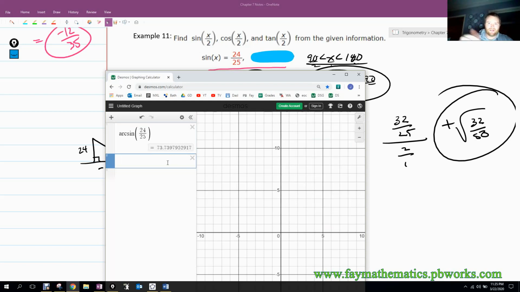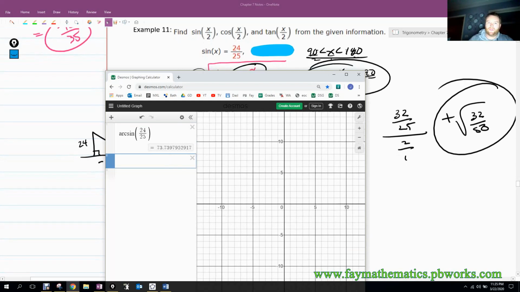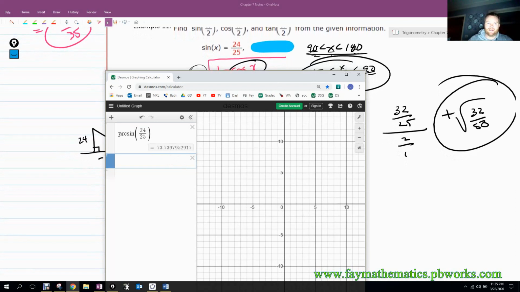But remember, this says that we were in the second quadrant, so I've actually got to take 180 minus that, and that is actually the theta, or in this case, x, the complete angle.